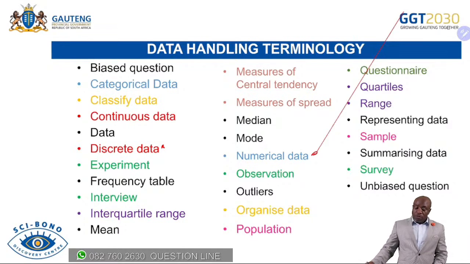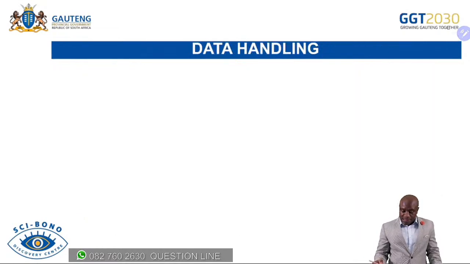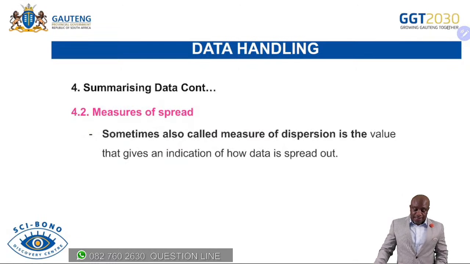Now we're going to move on with summarizing our data and representing it today. So I want us to look at the example that we looked at the other time. This is where we're looking at the measures of spread, sometimes also called the measures of dispersion, which measure how far or how wide our data is spread out.